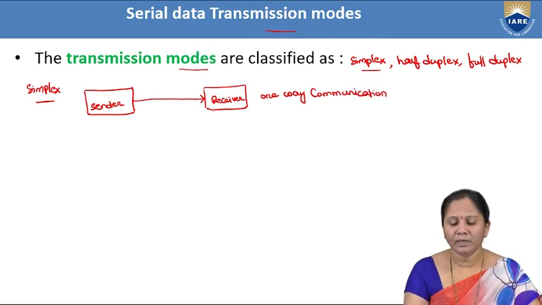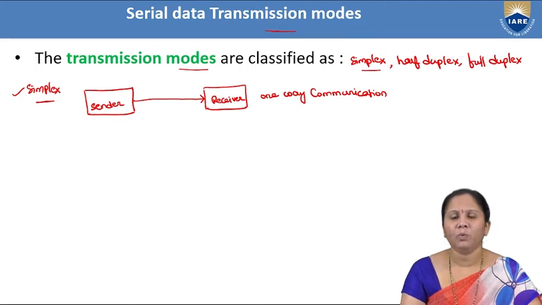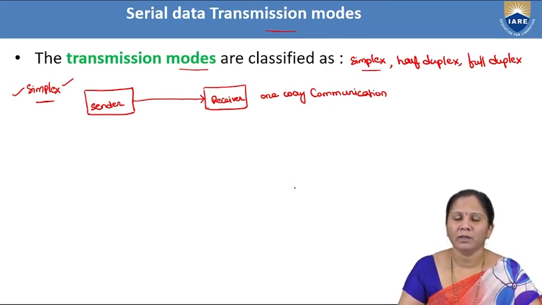For example, the communication between the computer and printer comes under the example of simplex communication. Why? Because every time the computer will send the data to the printer, and the printer cannot send the data to the computer. So that type of data transmission comes under the simplex communication, because it is one-way communication. Every time the sender only will be sending the data to the receiver.